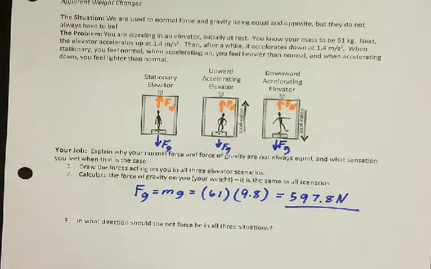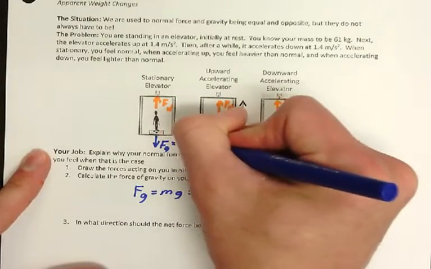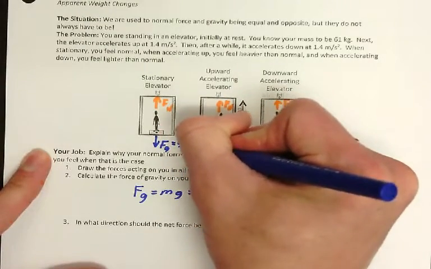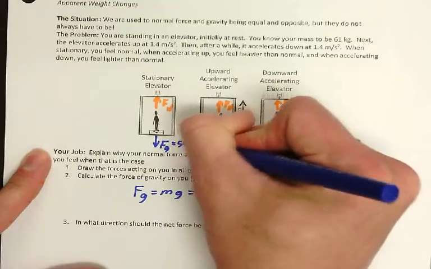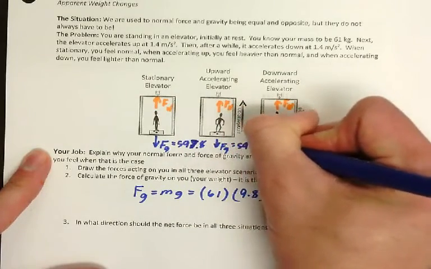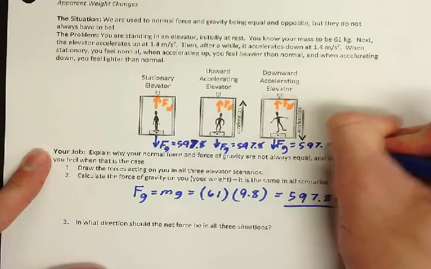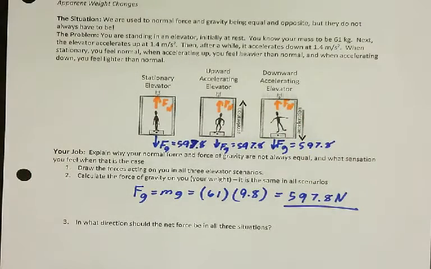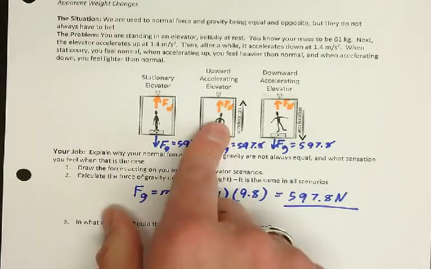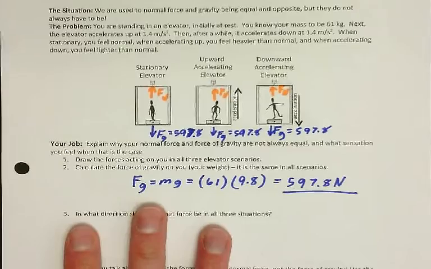That is the force of gravity in every single one of these scenarios. So that's the force of gravity for all three of these scenarios. Whether I'm at rest, accelerating up, or accelerating down, the force of gravity is always 597.8.